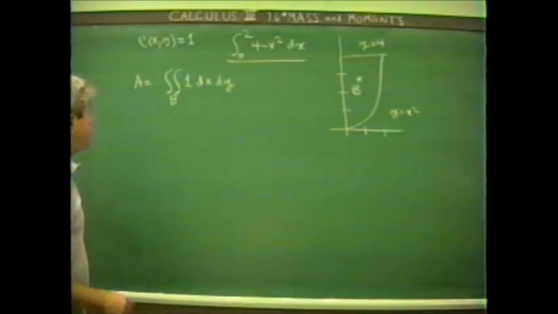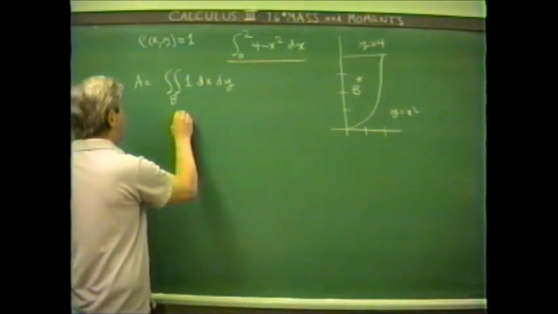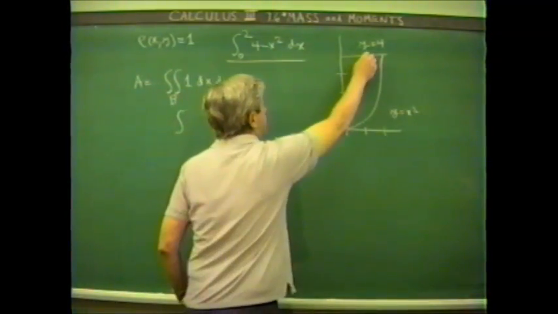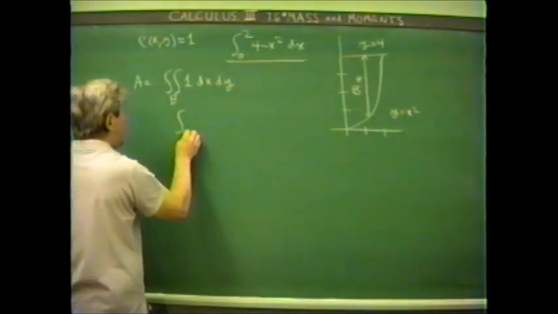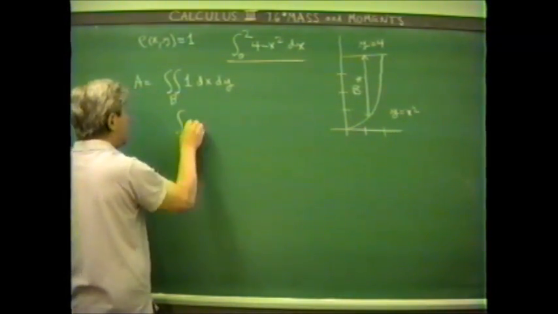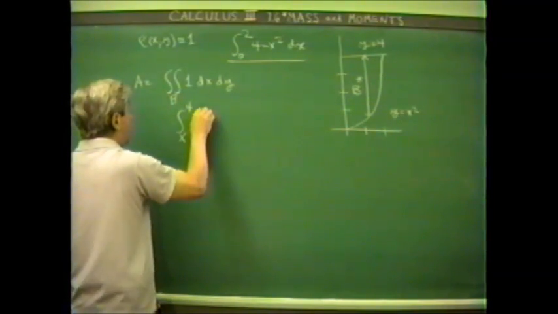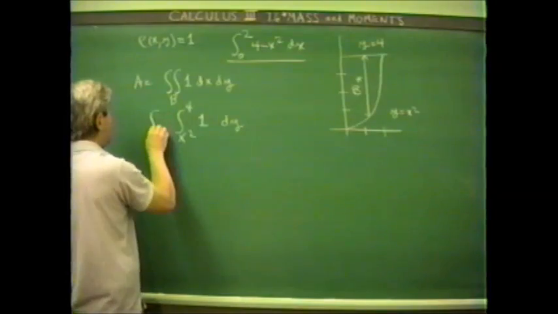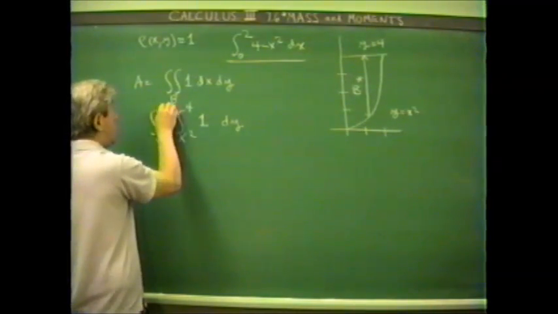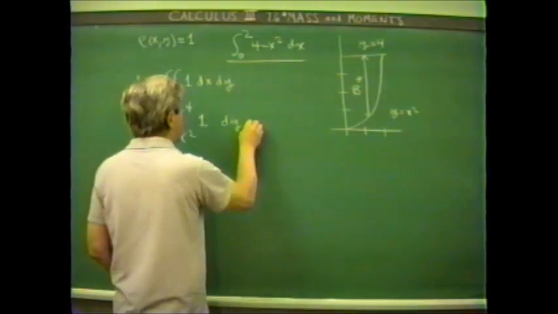Here, thinking of this as a simple region, we integrate from one end to the other, from x squared to 4, our function 1, with respect to y. Then we integrate from 0 to 2 with respect to x.